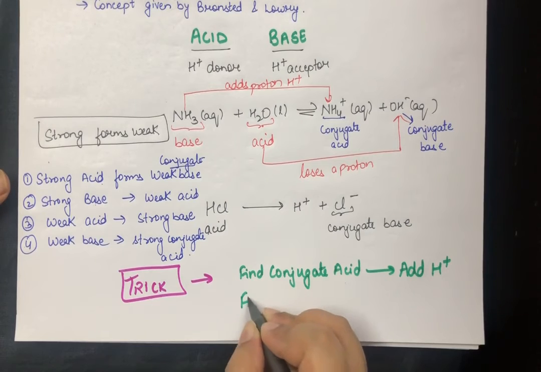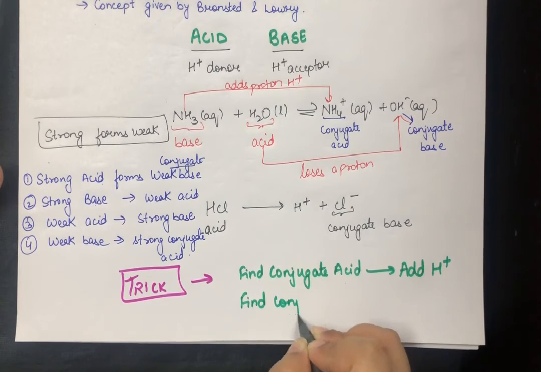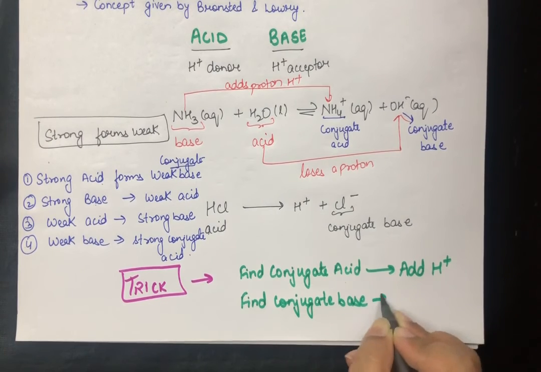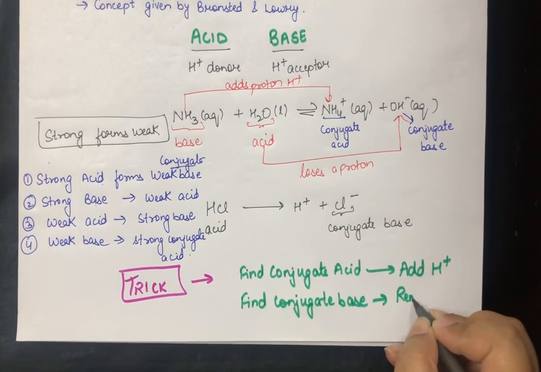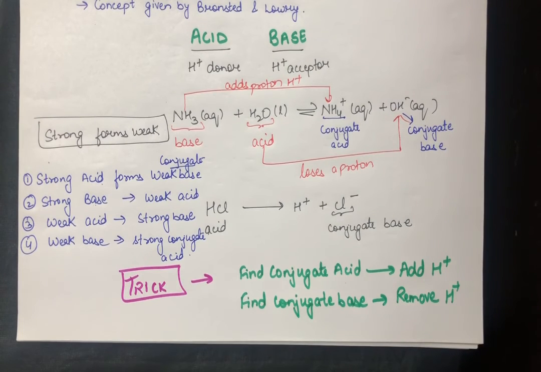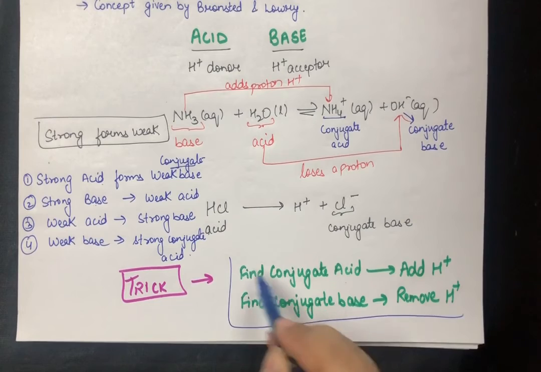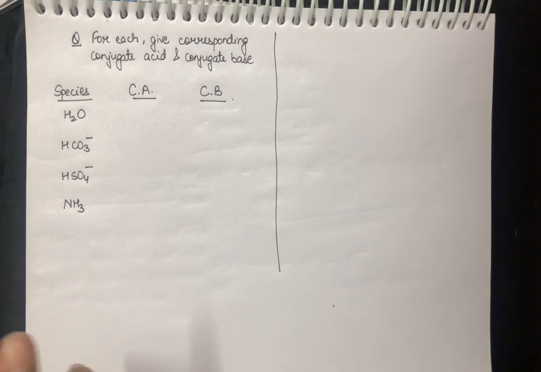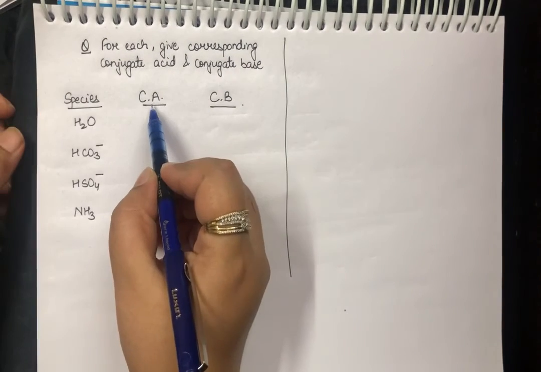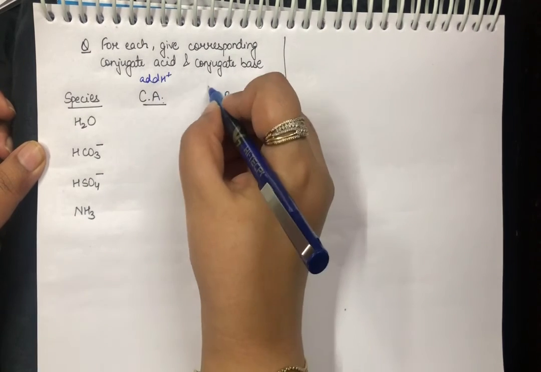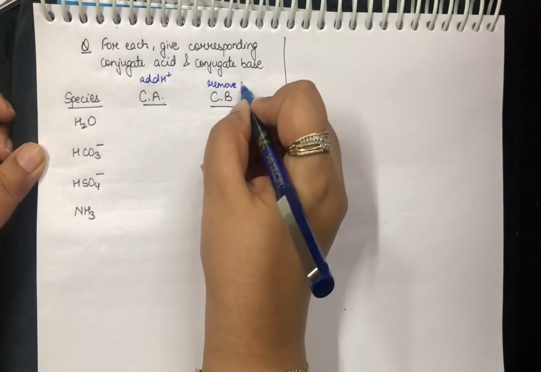And if they say that you have to find the conjugate base, then you have to remove H plus. That is it. If you do these steps, you can find out the conjugate base and acid of any of the compounds. Let me take a few examples here. So if you remember the trick, for conjugate acid, you have to add H plus, and for conjugate base, you have to remove H plus.